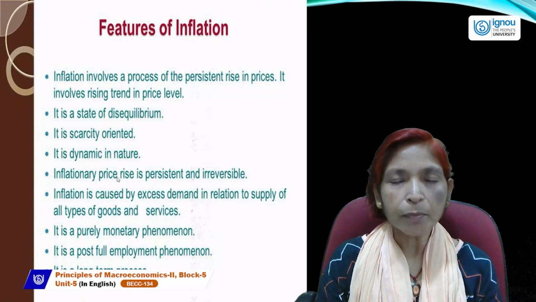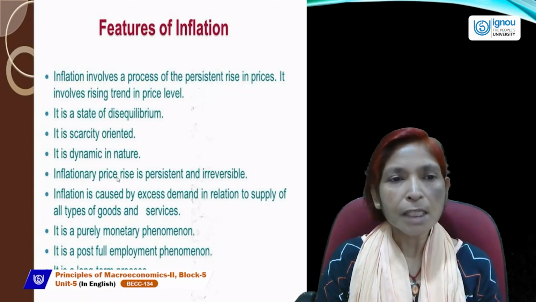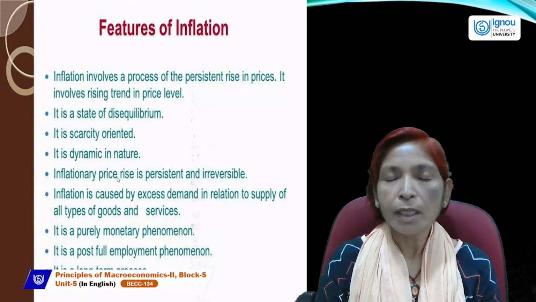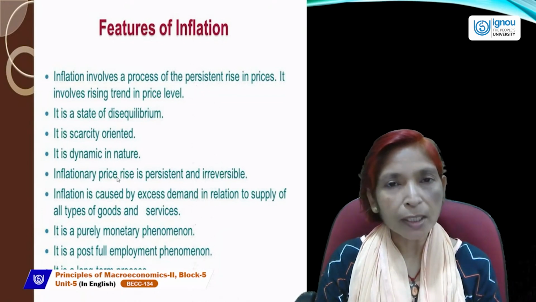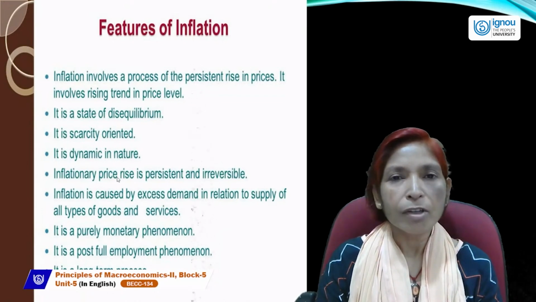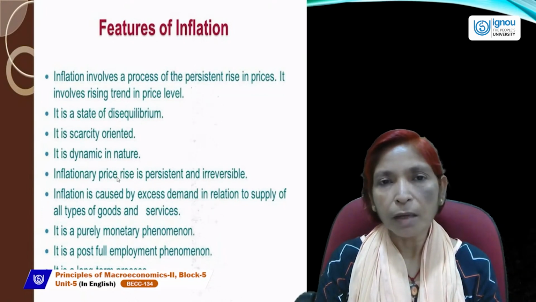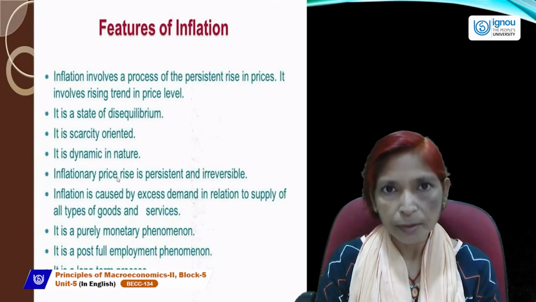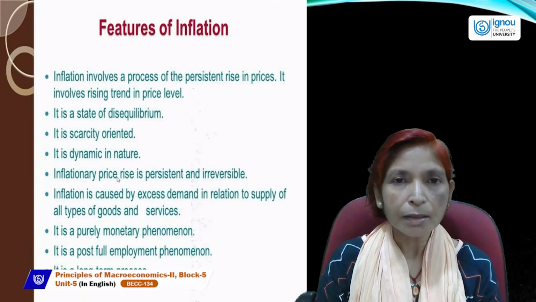When petroleum product price increases, transportation cost also increases. And due to increase in transportation cost, all goods and services which are produced in the economy, their price goes up. So inflation occurs due to increase in oil prices.